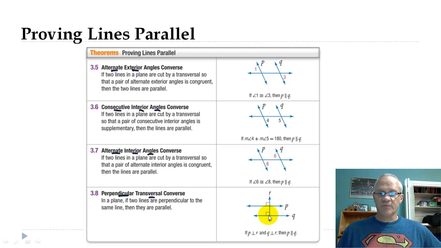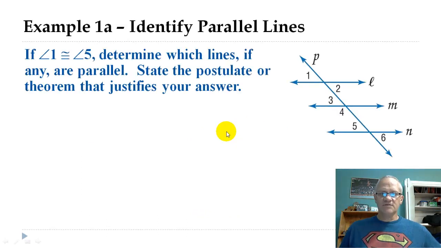So, for example, this angle here and this angle right here, those are alternate interior. If they're both 90, they'd have to be parallel. Also alternate exterior angles, like this one out here and this one down here. Also, if both of these are 90 in here, 90 plus 90 is 180. So you can see that this perpendicular transversal converse kind of applies to all of them if you have 90 degrees there. Okay.